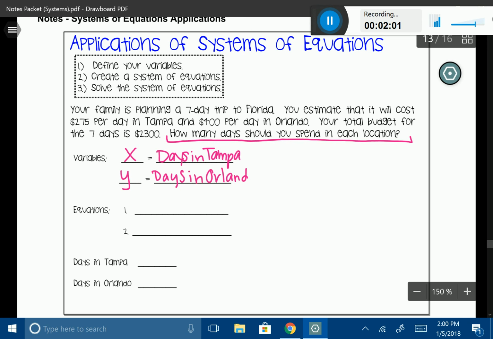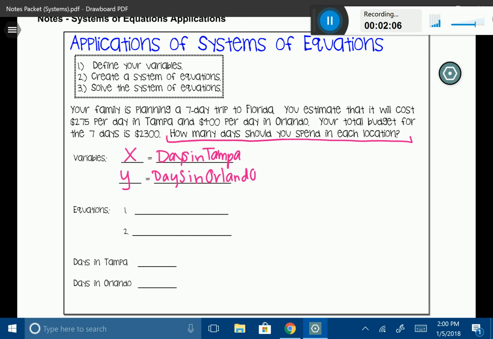Okay, now that we have our variables defined, let's start the challenging part, constructing an equation. So I always like to look at the system that we're creating as: the first equation is going to be the very simplistic equation, something very basic. And then the second one is going to be the more complex one that incorporates more of the numbers given to us in the problem.